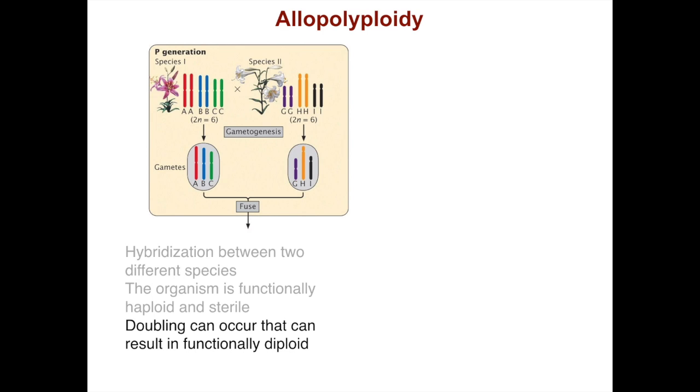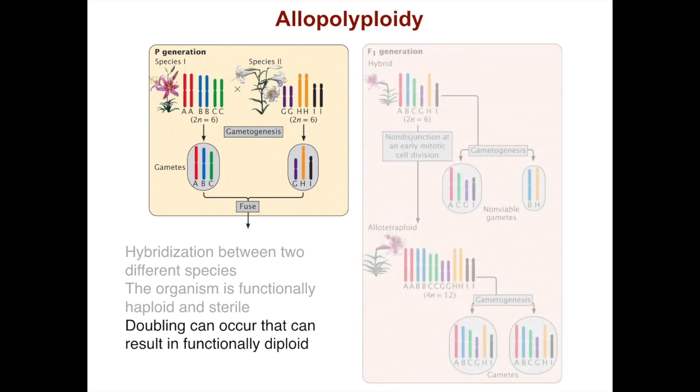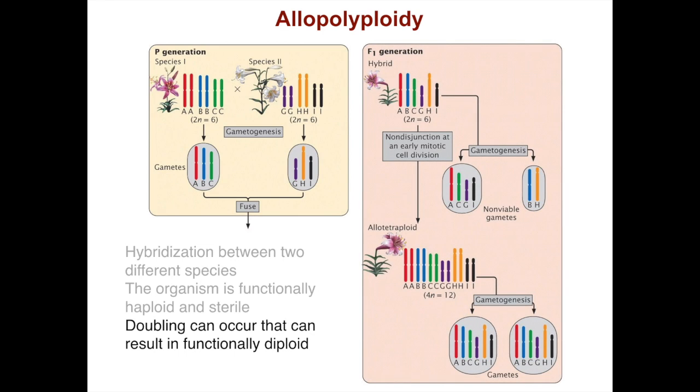But doubling can occur that can result in a functionally diploid, and you can see that here in the F1 generation. So you have a hybrid that is formed. This hybrid produces non-viable gametes for the most part.